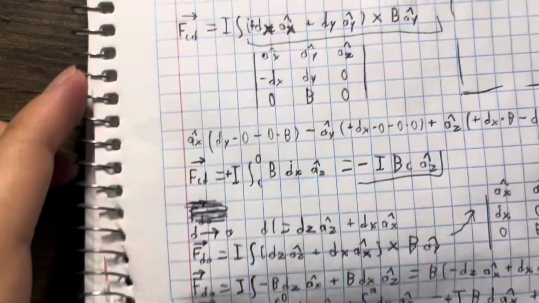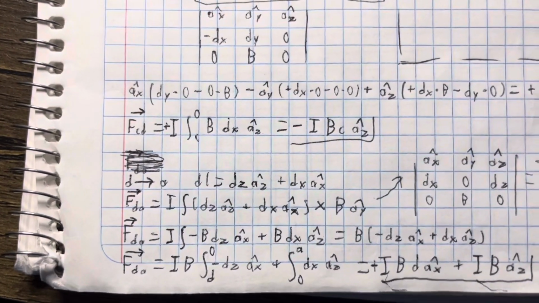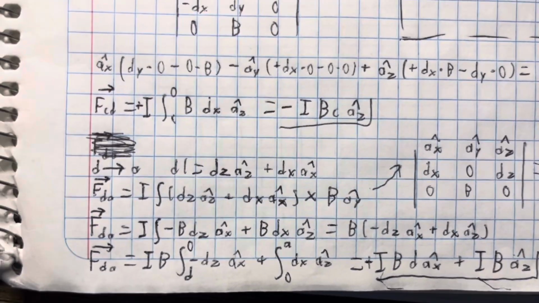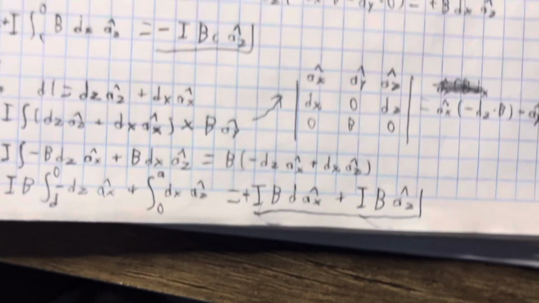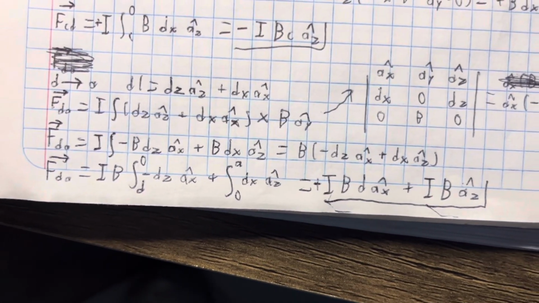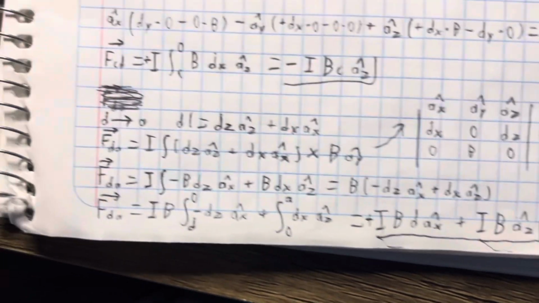Then finally, the segment from D to A is the same, that has one in z that is positive and one in x that is also positive. When performing this cross product, we get the magnetic field in the negative x vector and in the positive z vector.